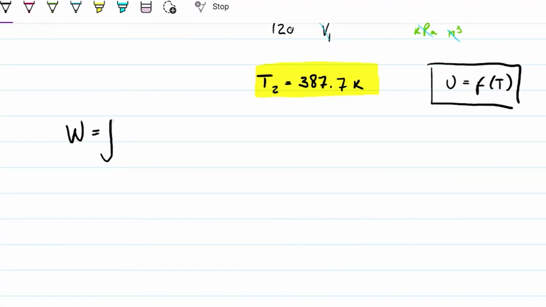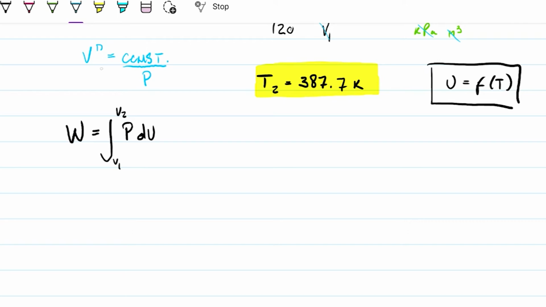I'm doing the integral of P dV as I'm going from state 1 to state 2. However, I know that P times V to the N is a constant. So what I can do now is divide both sides by the pressure, and I'm going to have that V to the N is a constant.